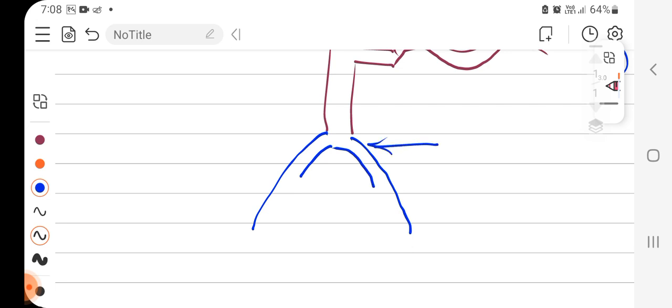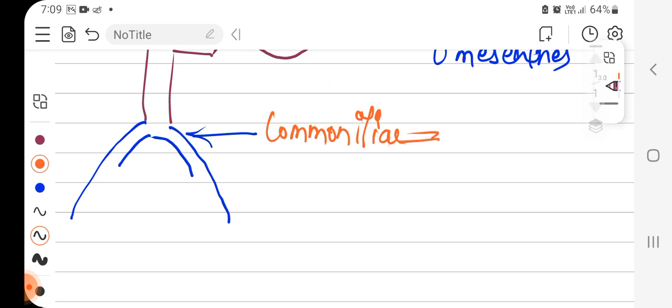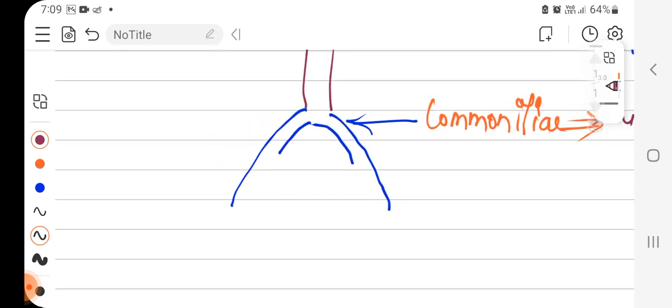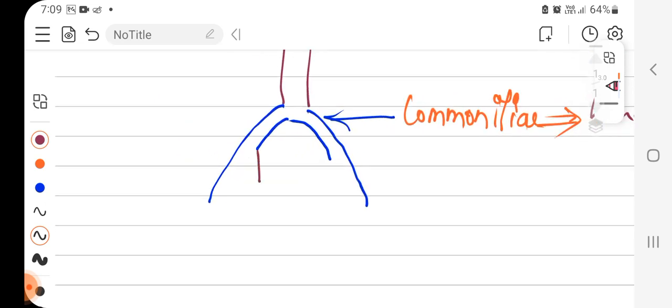This is known as the common iliac, which supplies blood to the lower limb, or you can say foot. Then we have small openings like this in this part and this part.